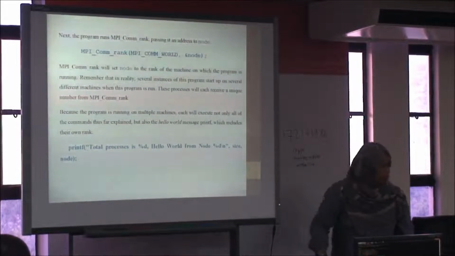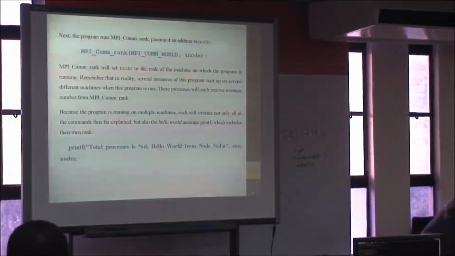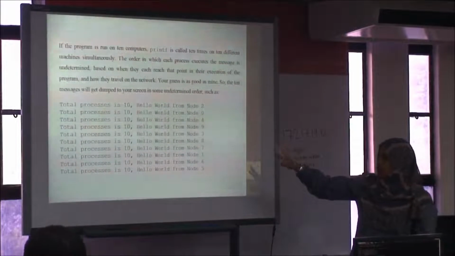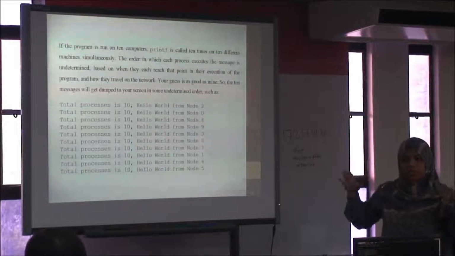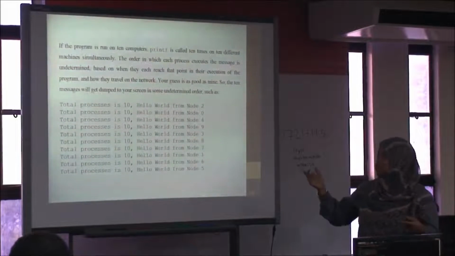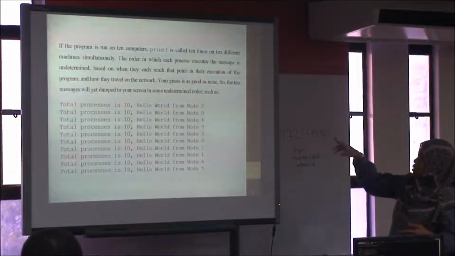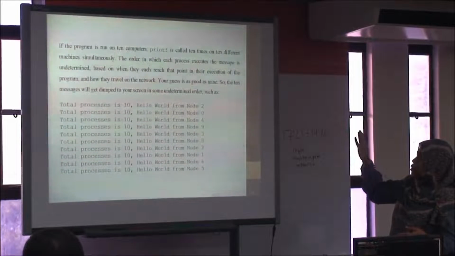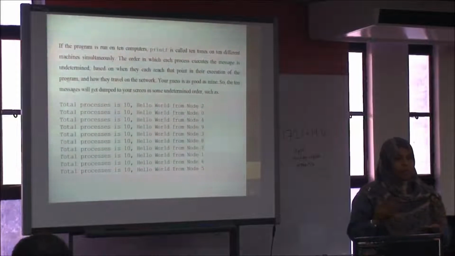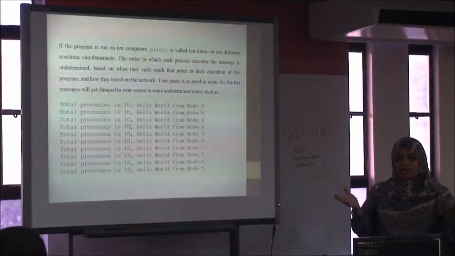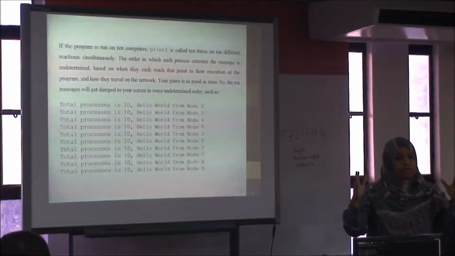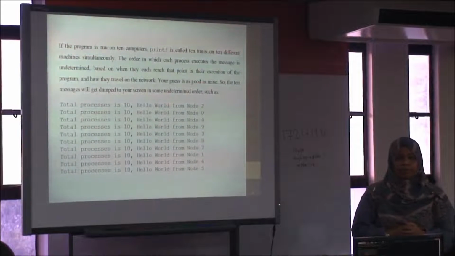Okay, so you notice that all the processes that you request print their own printf, right? Okay, so we can read here. If the program is run on 10 computers, printf is called 10 times on 10 different machines simultaneously. So that's what happens. Just now I mentioned that if you request 10, it means 10 processors looking at the same program.